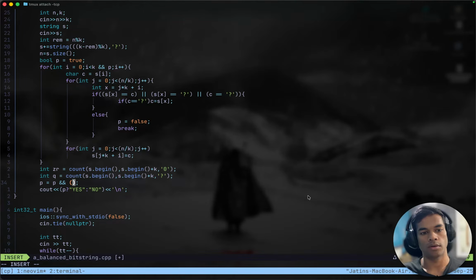So k divided by 2, this is how many zeros I need, minus zr, this is how many zeros I have. This thing has to be smaller than or equal to q, because q is the maximum number of extra zeros that I can have.